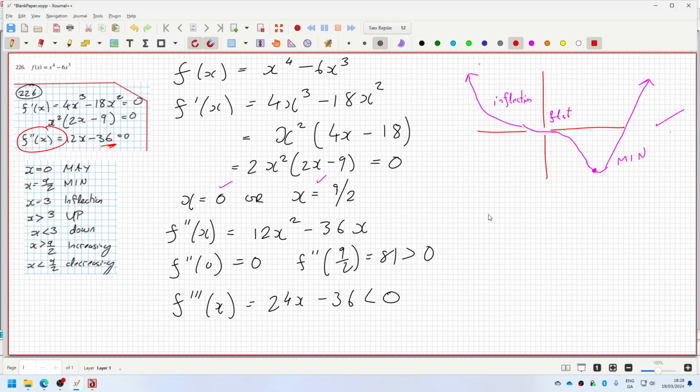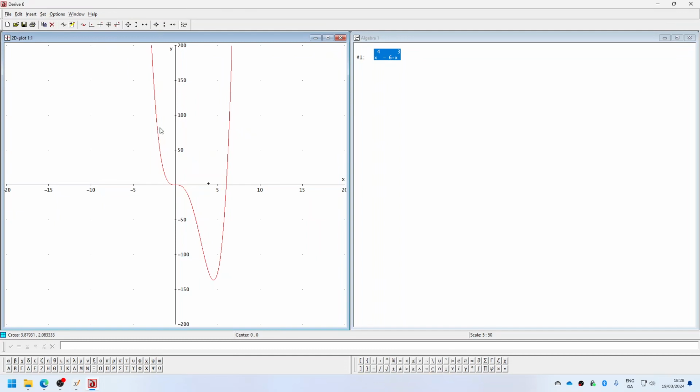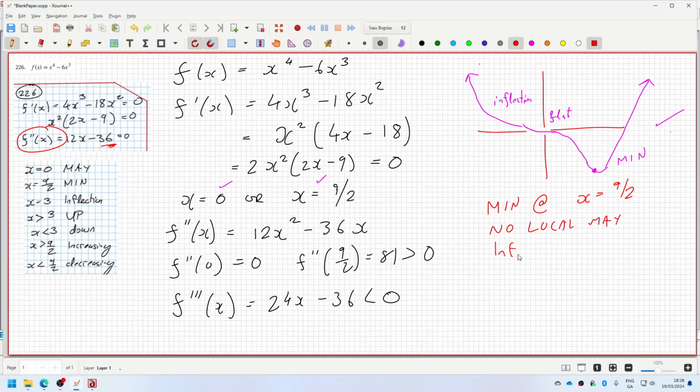Okay, so we have a min at x equals 9 over 2. No local max. Now you can see here it is convex and concave, so inflection at x equal to 3.